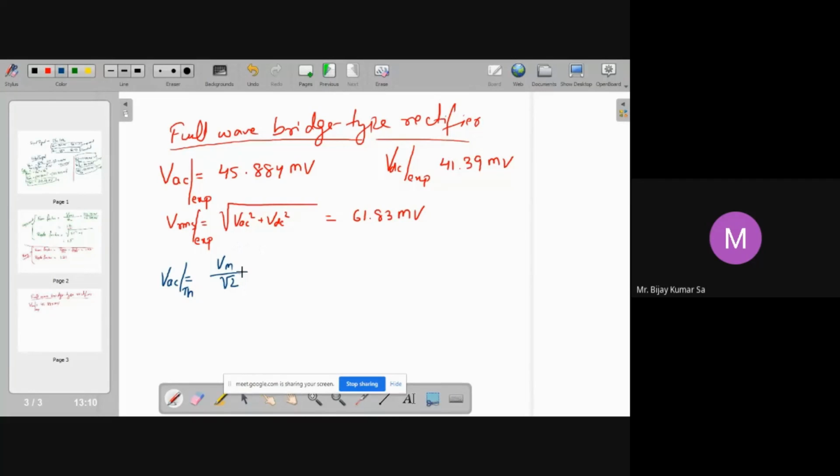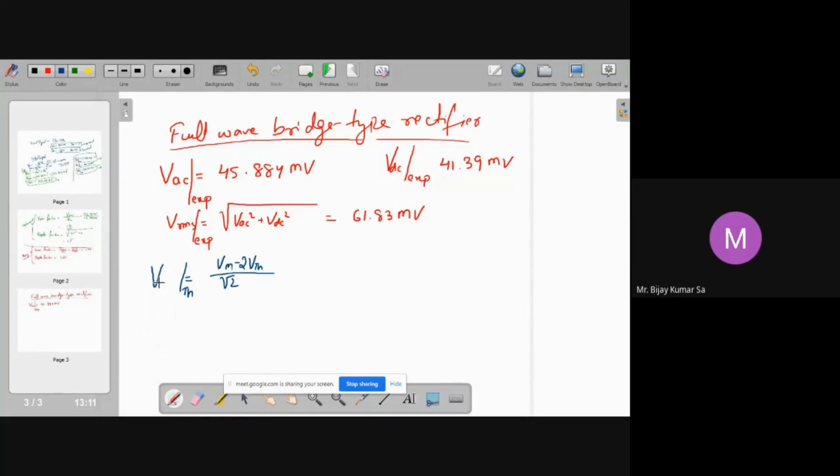And how many diodes are on when operating in any half cycle? 2 diodes are operating. Yes or no? So it will become Vm minus 2 times VTH divided by root 2. Let me correct. This is not VAC. This is VRMS.